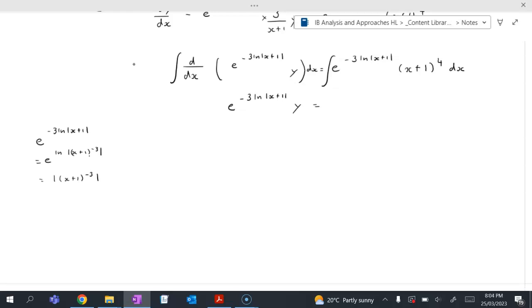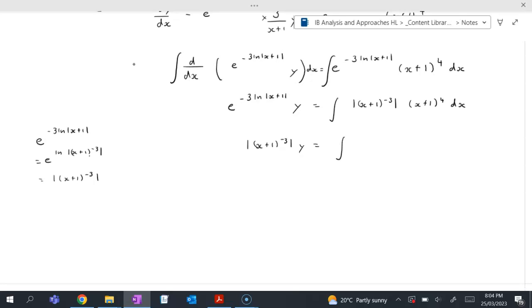So on the right hand side, what I'm actually integrating is the modulus of x plus 1 to the minus 3 times x plus 1 to the power of 4. And on the left hand side I can change that as well. So I've got the modulus of x plus 1 to the power of minus 3.